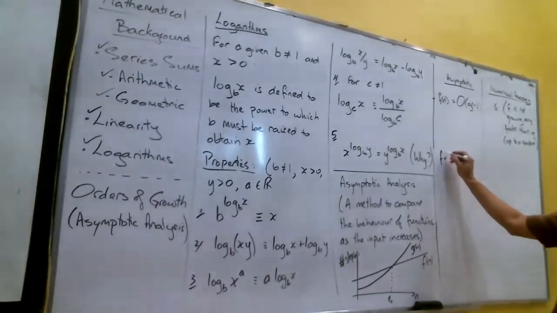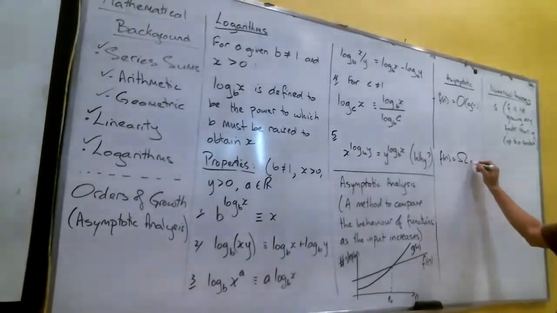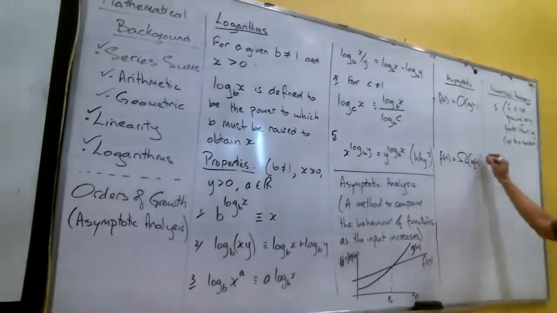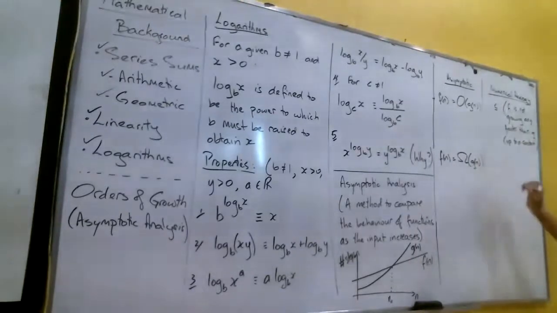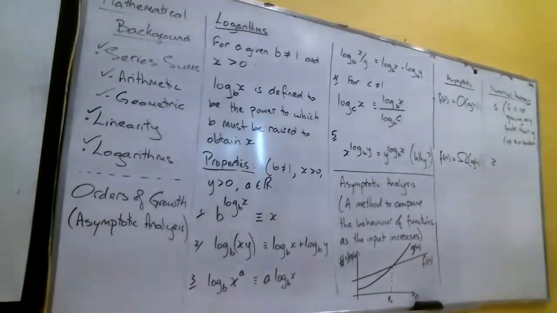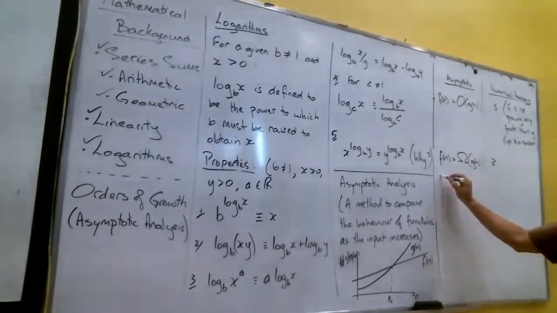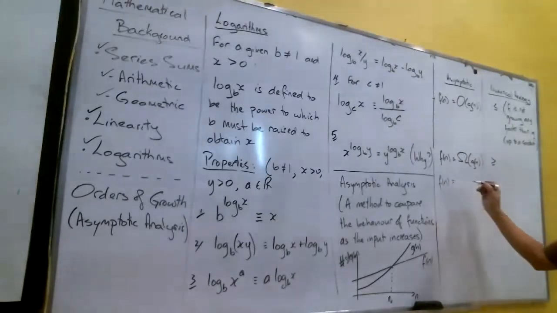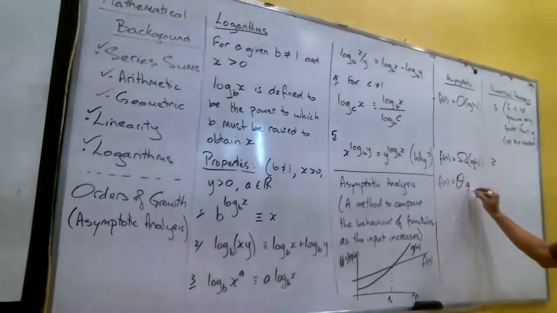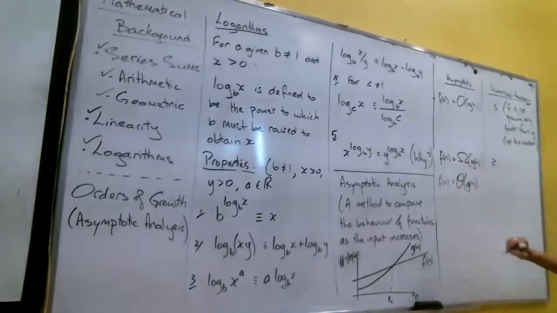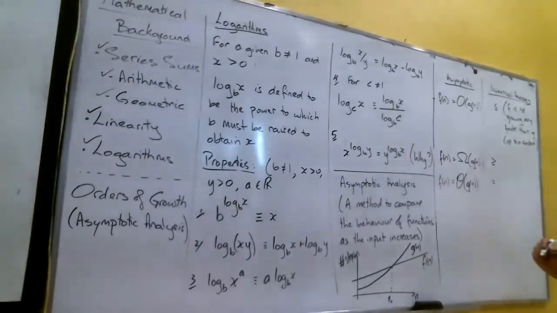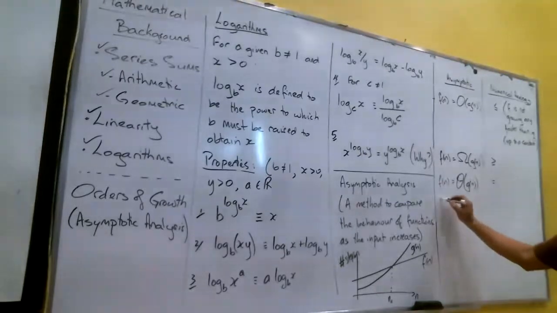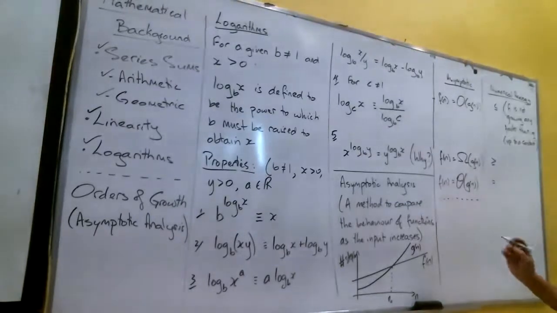If I write f of n is omega of g, then the analogy I want to keep in mind is greater than or equal to. If both of these are true, then we're going to write f of n is theta of g, and the analogy is equivalent. Then we have two that we don't talk about too much in this class.